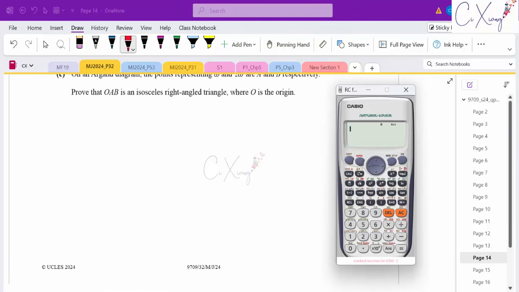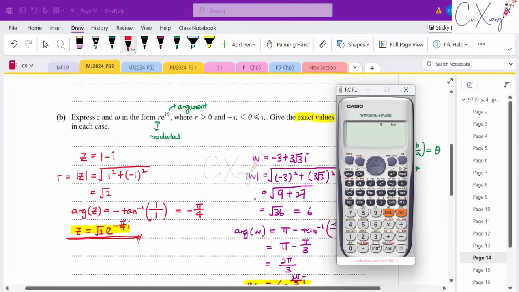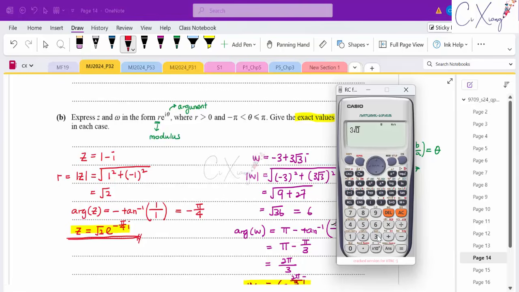We need the calculator to help us to get the decimal form. Let's look at W first. So W is negative 3 plus 3 square root 3i. What's the value for 3 square root 3? So 3 square root 3, the value is basically around 5.20.